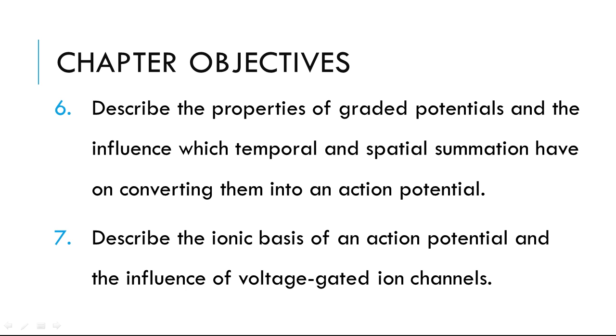What will be new to us is item 6: incorporating a new term called a graded potential, and we're going to contrast that to an action potential. We're going to see how to differentiate those, and that will be reiterated in handout 5, which you just received. And then we'll bring in the role of the gated channels, their contribution to an action potential.